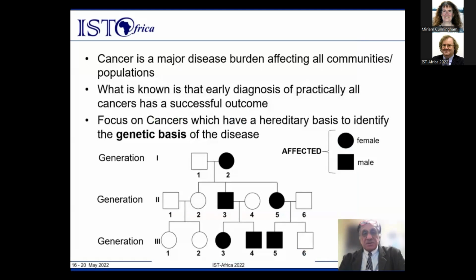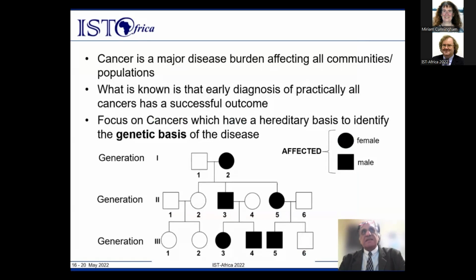So, as we all know, cancer is a major disease burden affecting all communities and populations. What we know, and I'm sure you know, is that the earlier the diagnosis is made of practically all cancers, the greater the chance of a successful outcome.